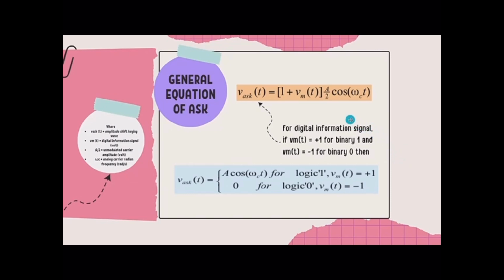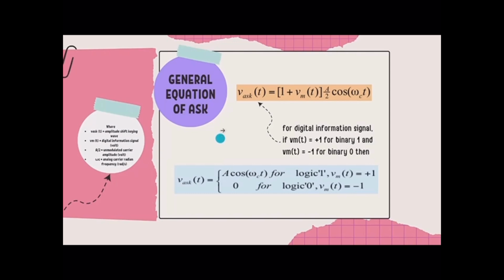And the general equation of ASK will be v(t) equal to [1 plus v_m(t)] times A over 2 cos omega t, where v is equal to the ASK wave.